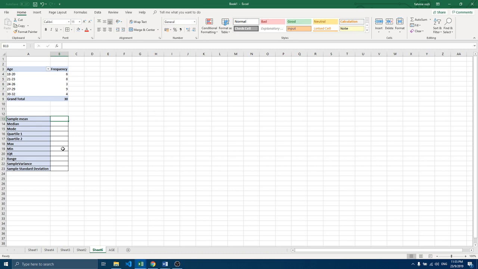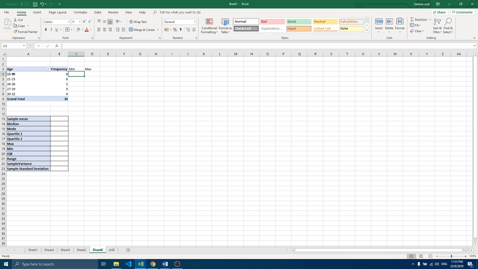Okay, to find sample mean for group data, first you add one more column for minimum value and maximum value. So what is your minimum value here? It's 18.